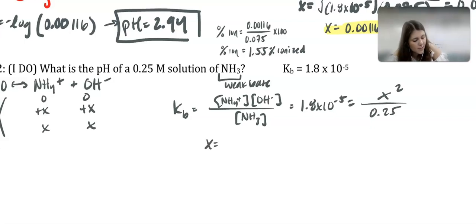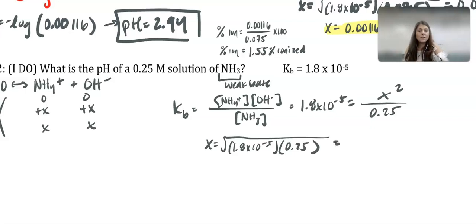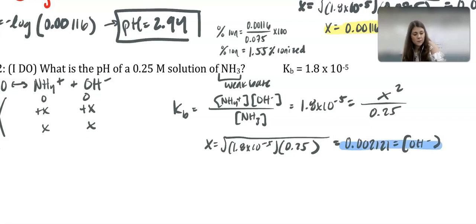So essentially what's going to happen is x is going to be the square root of the Kb multiplied by the initial base. Sorry, I almost said acid. So here, when I solve for x, I get 0.002121, and that x is going to be hydroxide. Again, this x comes from right here, okay?